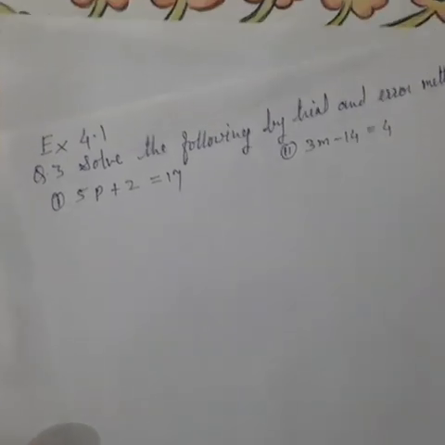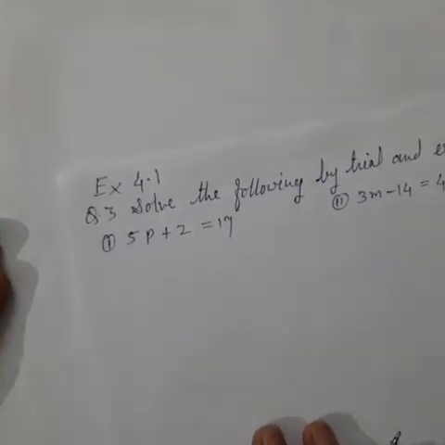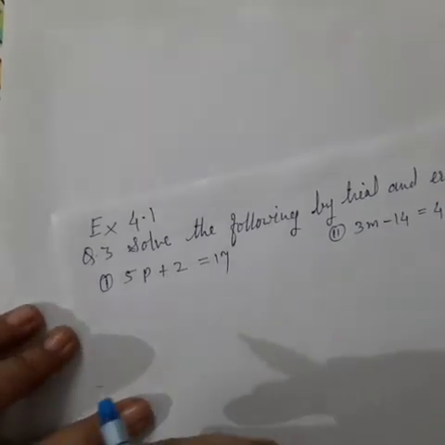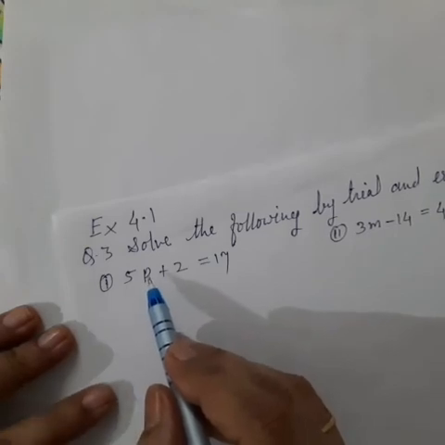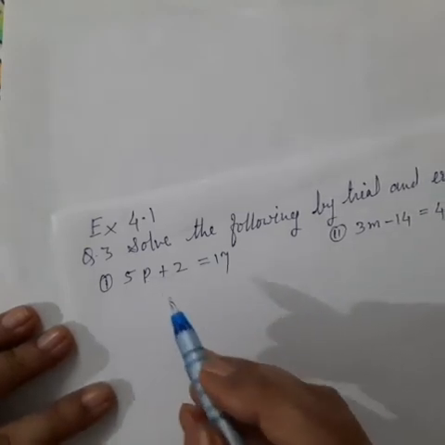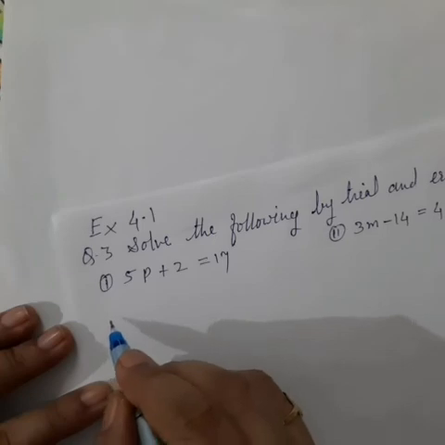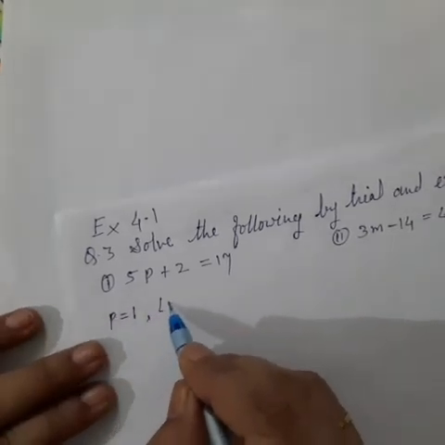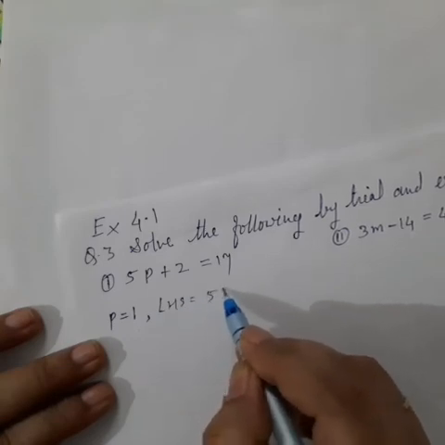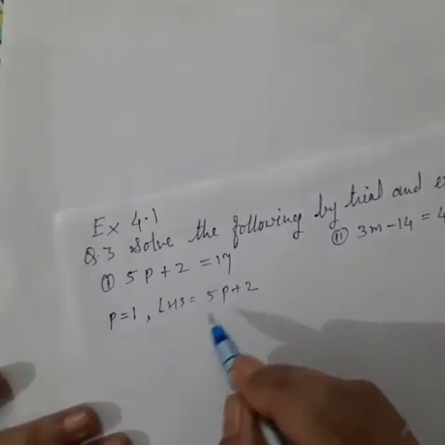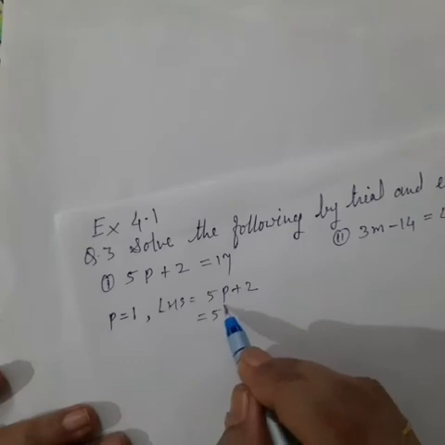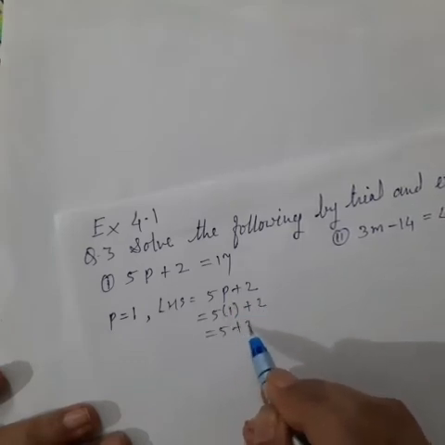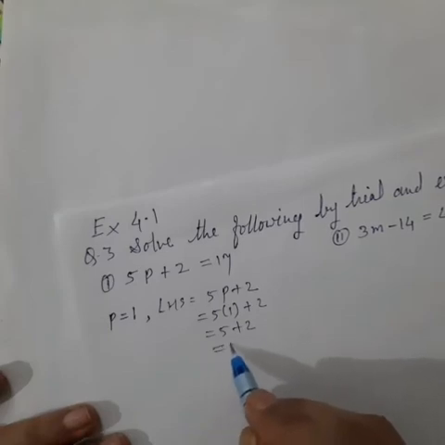Now coming to this question. 5p plus 2 equal to 17. We have to find out the value of p by trial and error method. So first of all take the value of p 1, and our left hand side is 5p plus 2. At the place of p put 1. So 5 ones are 5, plus 2 we get 7 here.